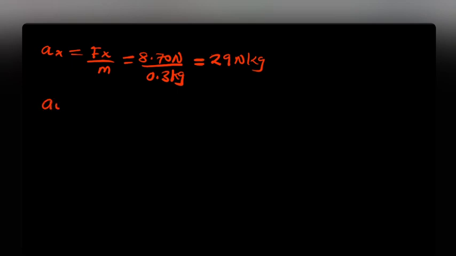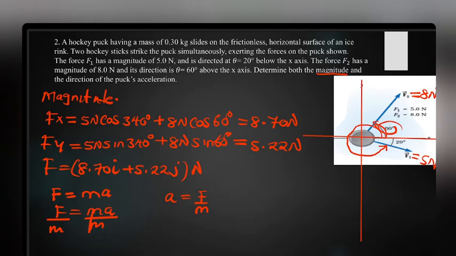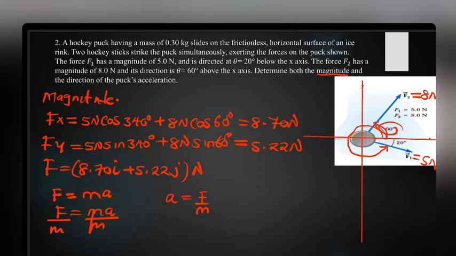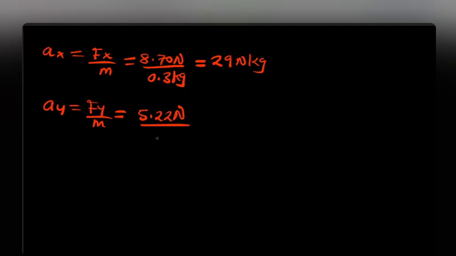Then again we apply the same equation in the y, so it will be the force in the y over the mass. Here the force in the y is 5.22 newtons over the mass, 0.3 kg.